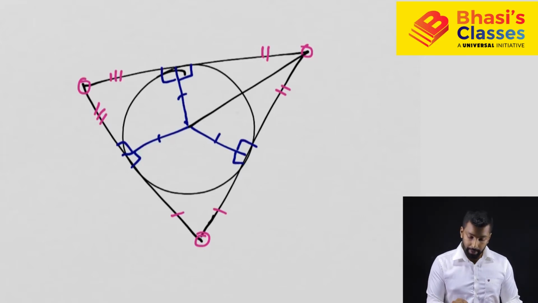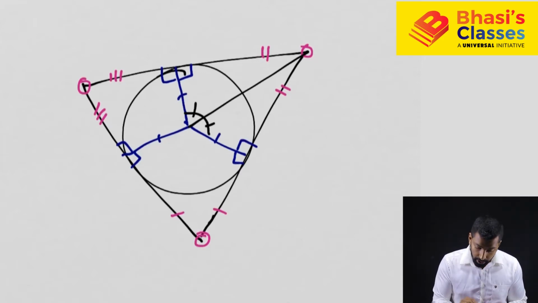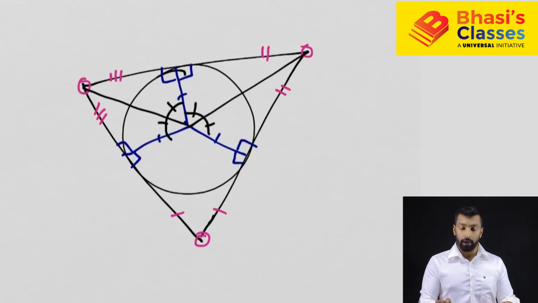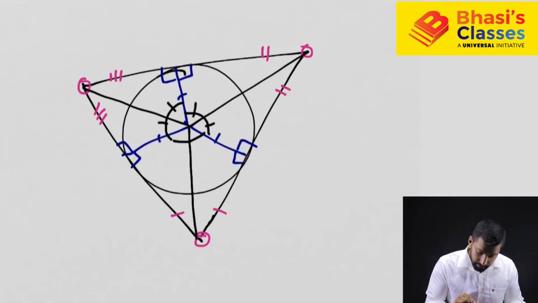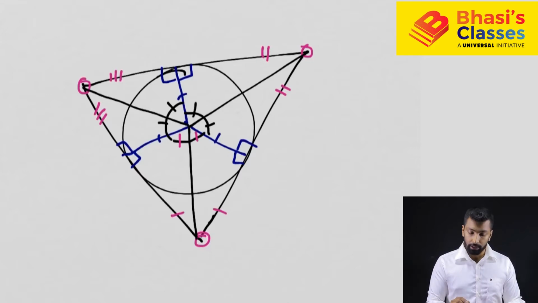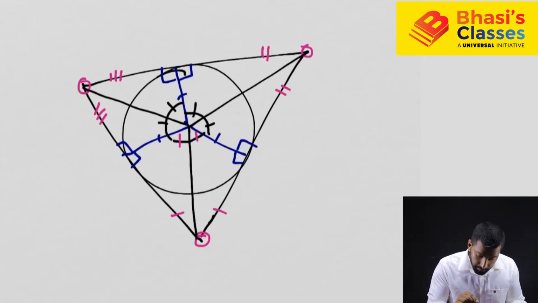So this will bisect this angle. So again, these two are equal. Similarly, if you draw a diagonal here, these two are also equal, okay?